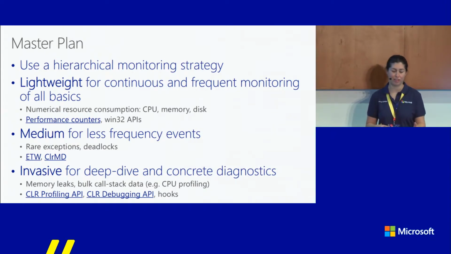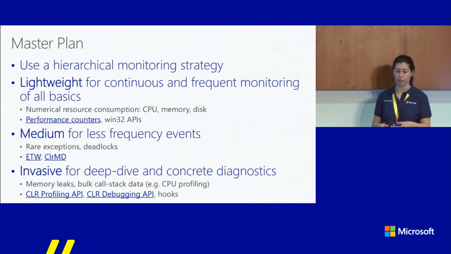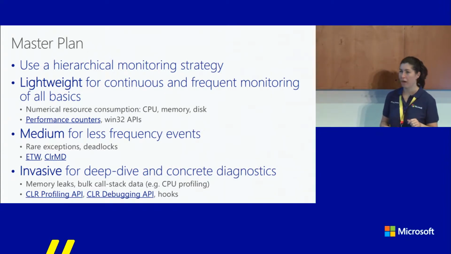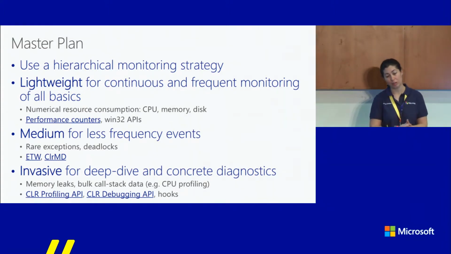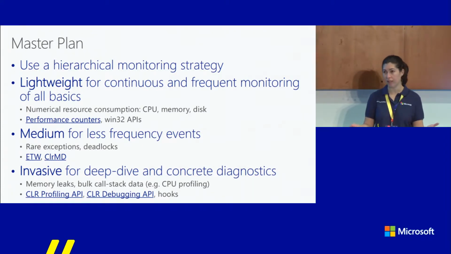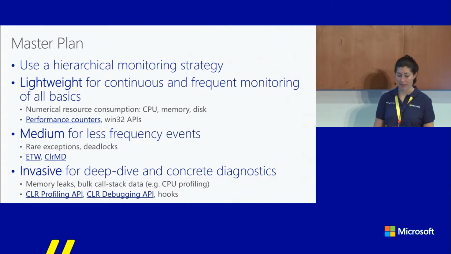And I really think this is a very last resort, because even the official documentation of the CLR profiling API says it's not suited for production if you care about your application's latency, performance, or whatever. So we're not going to do that today, but just know that it exists. You might find that suitable for some cases.